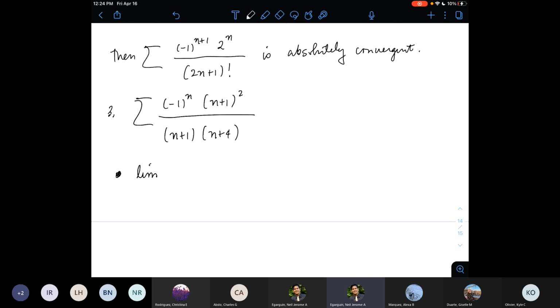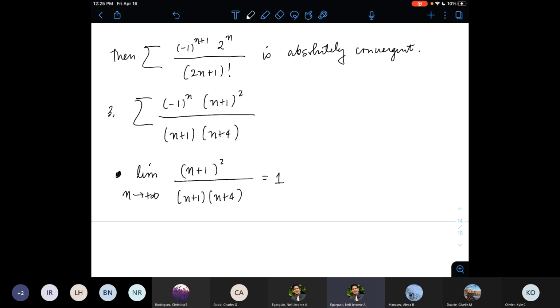I'll take the limit of the positive part, which is (n+1)^2 over (n+1)(n+4) as n approaches infinity, right? But this is equal to 1 because the numerator is degree 2, the denominator is also degree 2, the leading coefficient on the top is 1, the leading coefficient in the bottom is 1, so the ratio will be equal to 1, right?